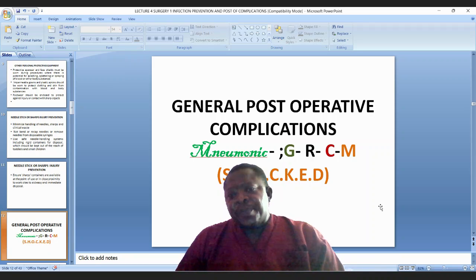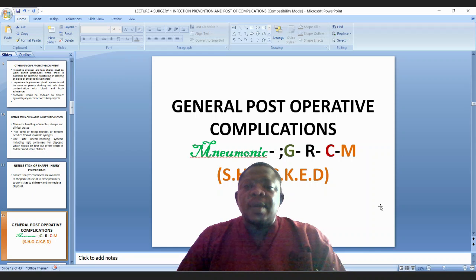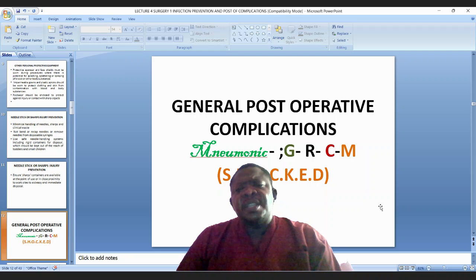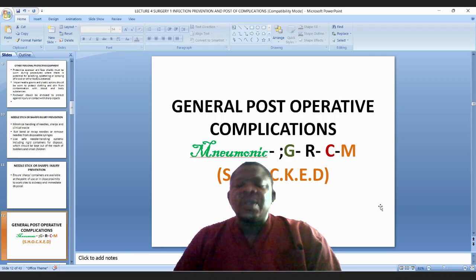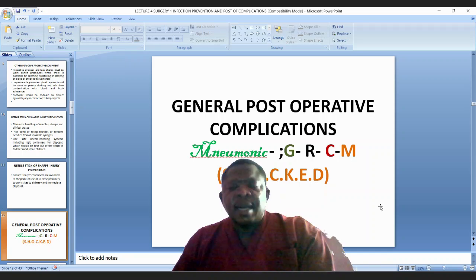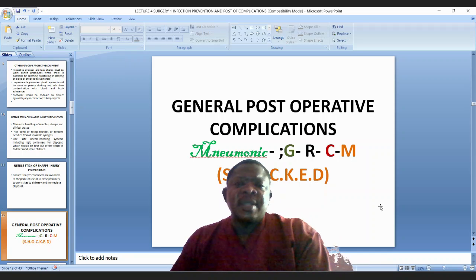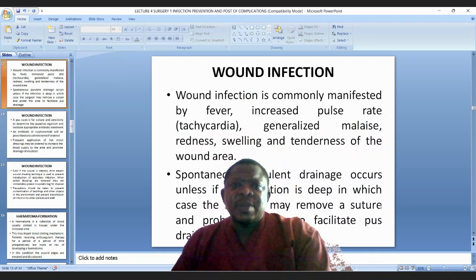In our mnemonic, O and K do not necessarily present any complication, but you can still research more. Maybe these can still be assigned certain complications, but otherwise, SHOCKED can be used to understand these complications. Let us look at more details on these complications and how they may arise.